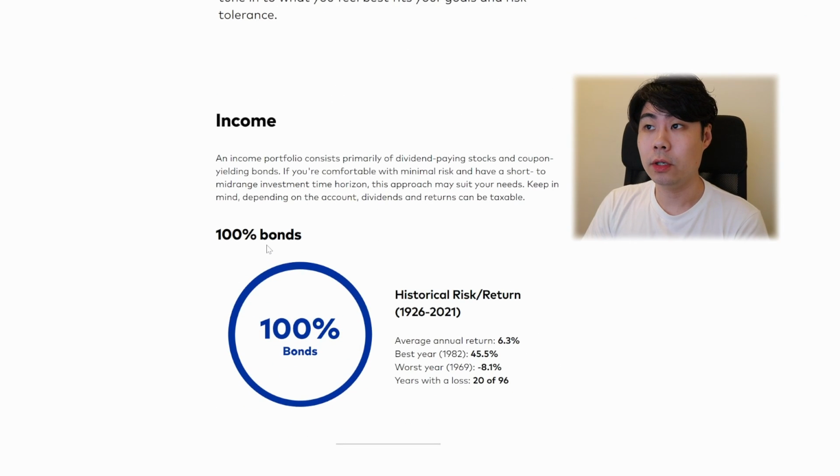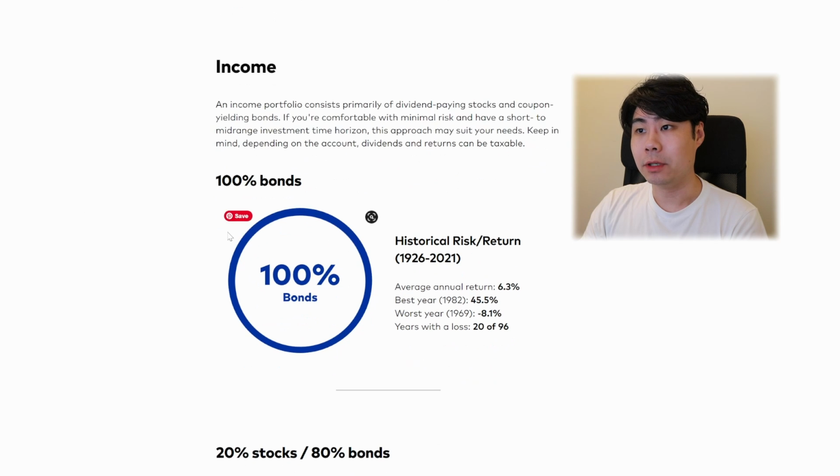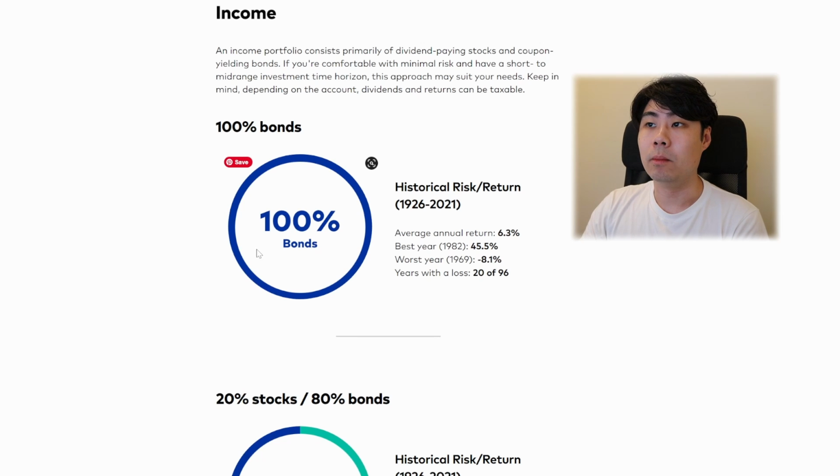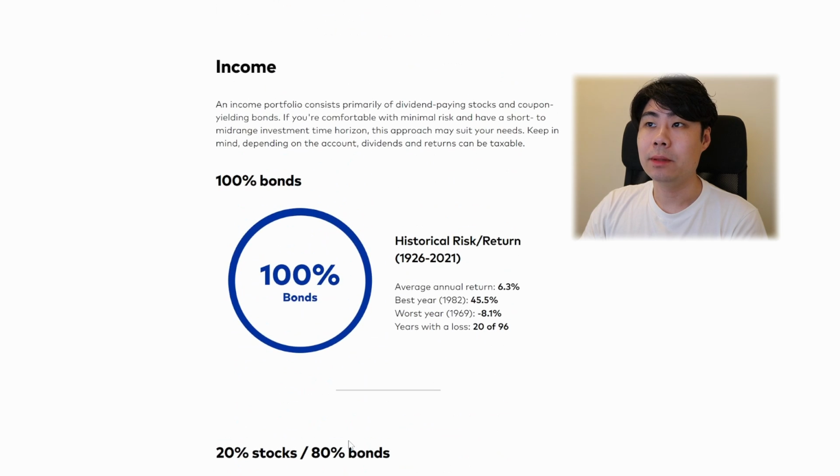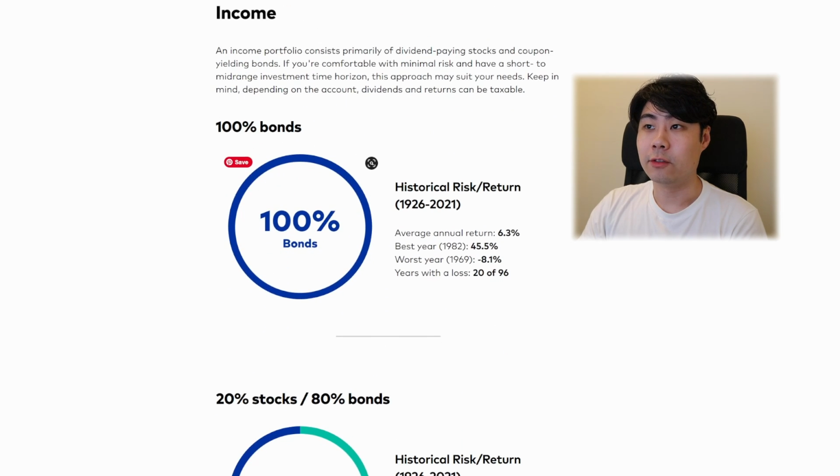The income portfolio consists of dividend-paying stocks and some bonds. If you look at the percentages, it is very heavily reliant on bonds. They are even separated into 3 different types of income portfolios, the first one being 100% in bonds.